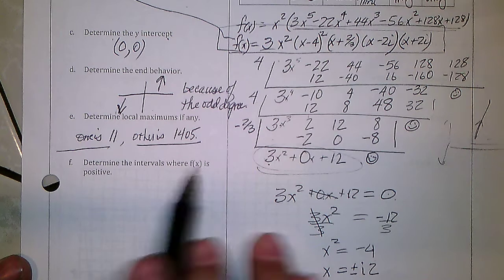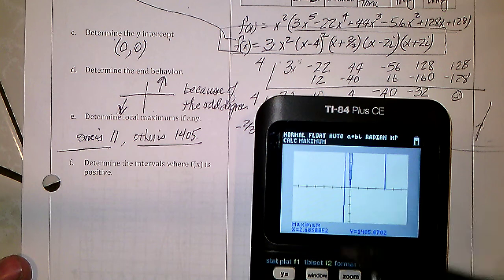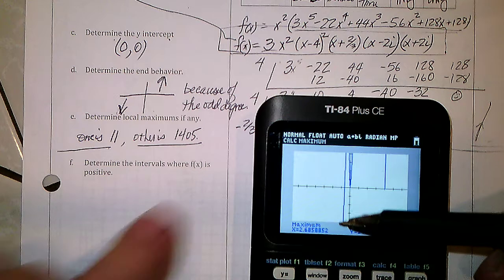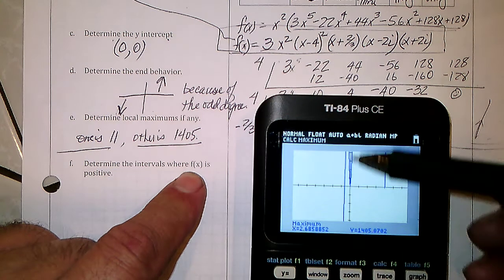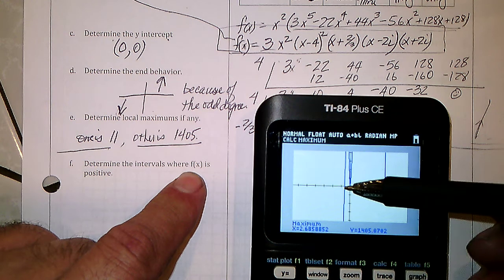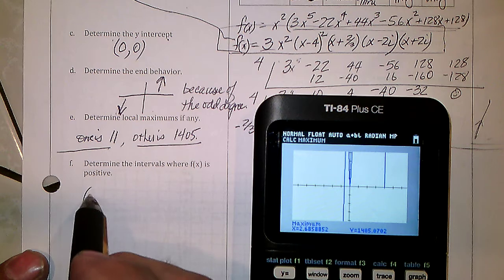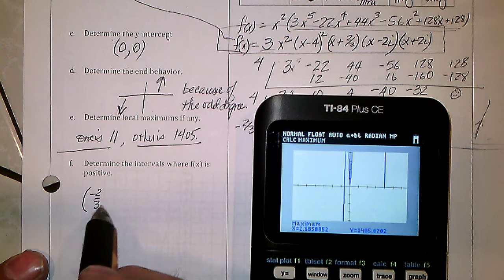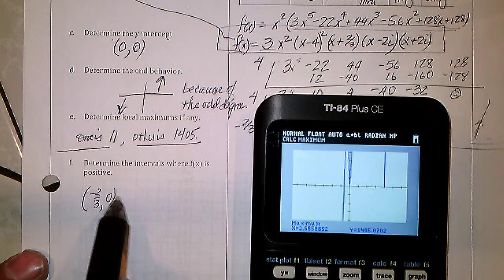Determine the intervals where f of x is positive. Well, this part is down below 0, so it's negative because it said f of x. The y values are negative. The y values are positive. There's 0 right there and 0 right there, so we can't include those. But between -2/3 and 0, it's positive.